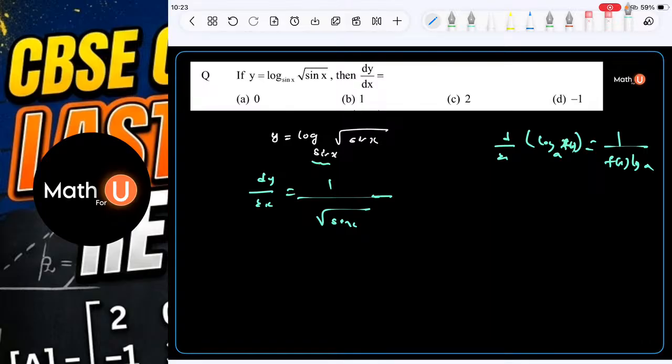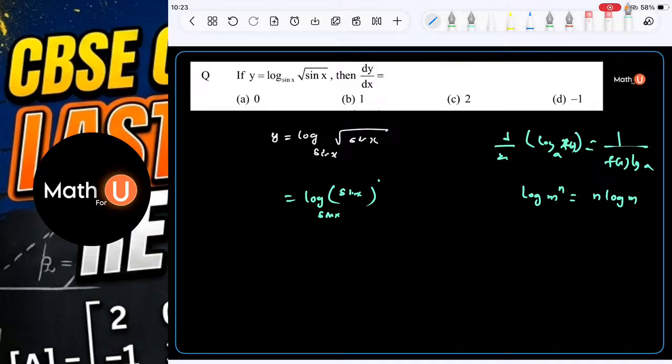Actually this function is a very good function. Otherwise, first can I rewrite it and then apply differentiation? Instead of this I will apply the property. You know that log of m raised to the power n can be written as n into log m. It can be written as log of sin x whole power of 1 by 2.